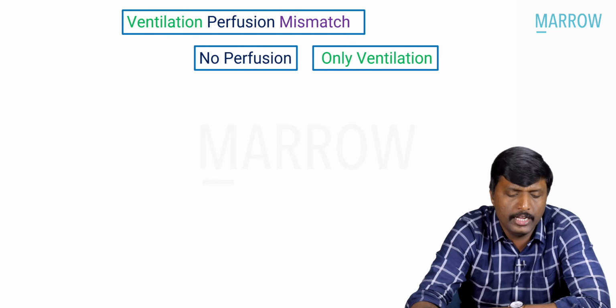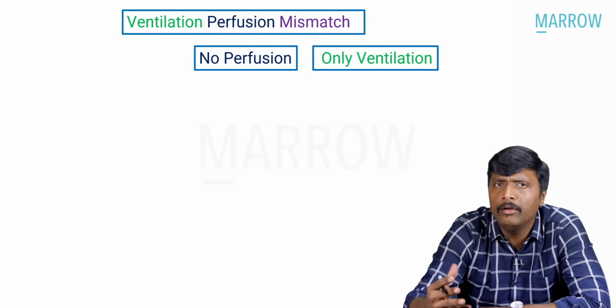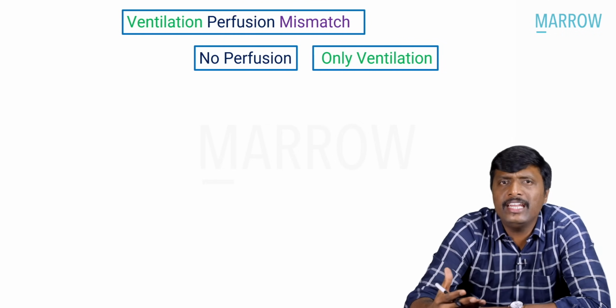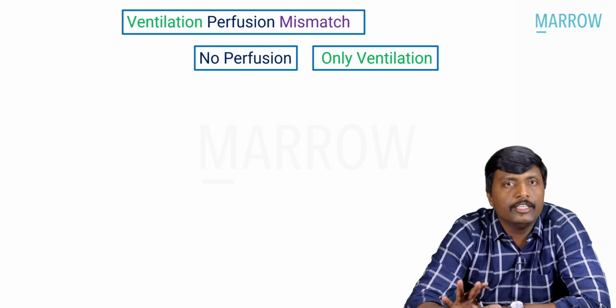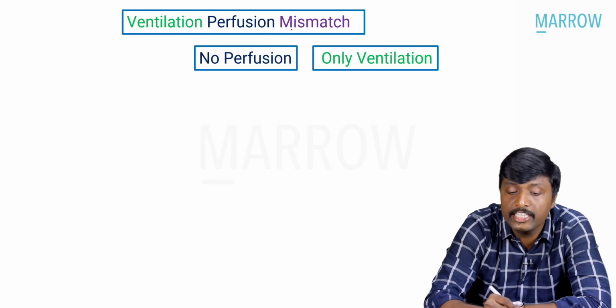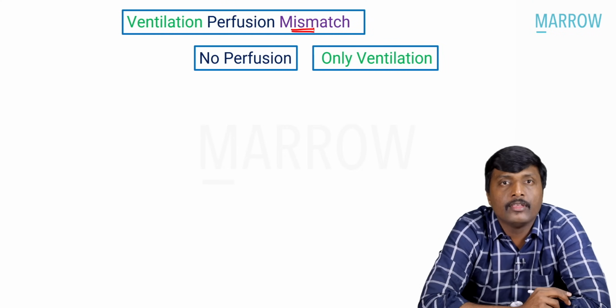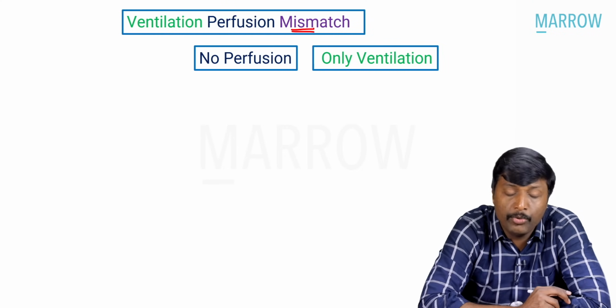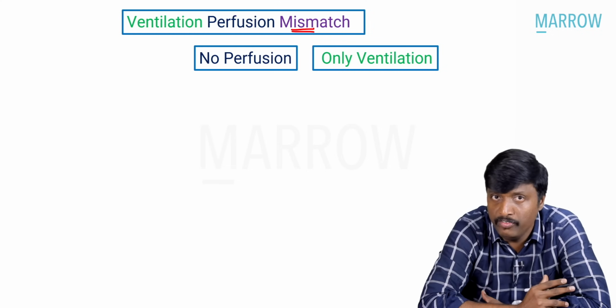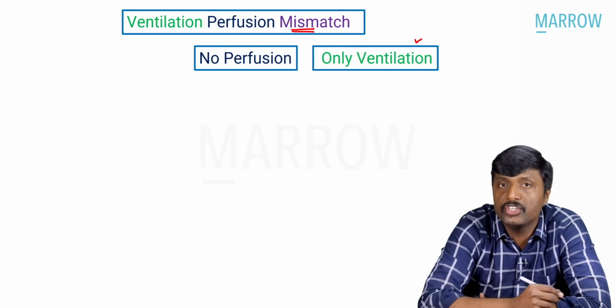Now look into the scenario. Ventilation perfusion ratio 0.8 means it is perfect matching. But there are certain extremes where there is a mismatch. And one important mismatch we are going to consider, no perfusion at all, only ventilation is there.